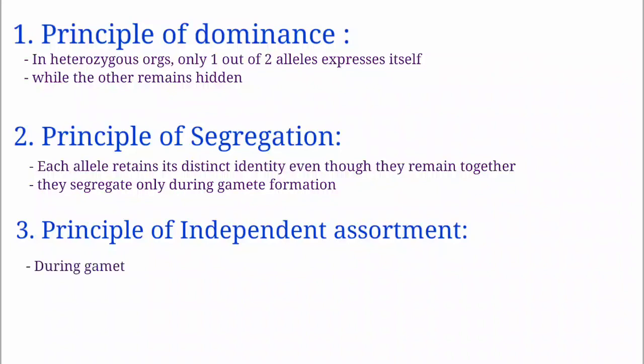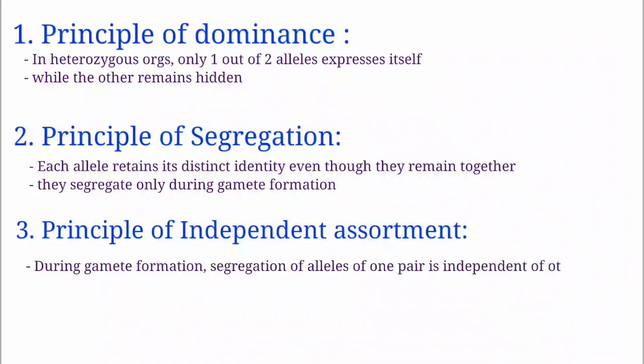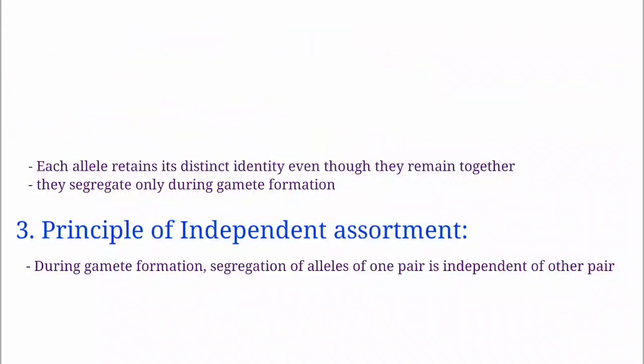Now here during the gamete formation, segregation of alleles of one pair is independent of the segregation of the other pair, right? Now here this independent assortment can be explained in the second set of experiment which Mendel did, that is about the 9:3:3:1. Independently all the 4 characteristics were expressed, right? So that is how it is stated as what? Principle of independent assortment. Clear?